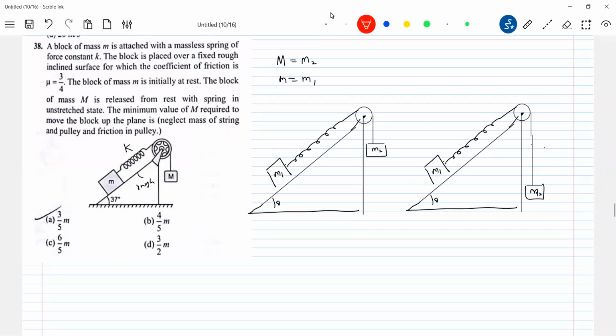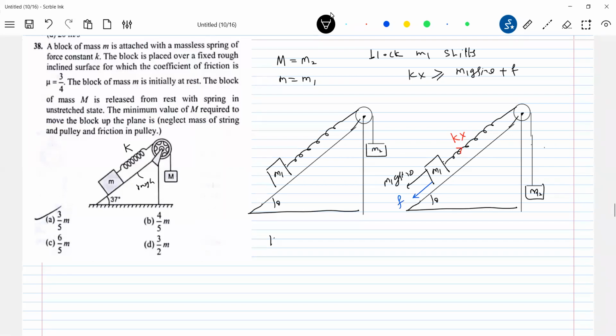The spring must get elongated. Kx, then other forces acting are M1g sine theta and the friction. Block M1 shifts when Kx is greater than M1g sine theta plus F.